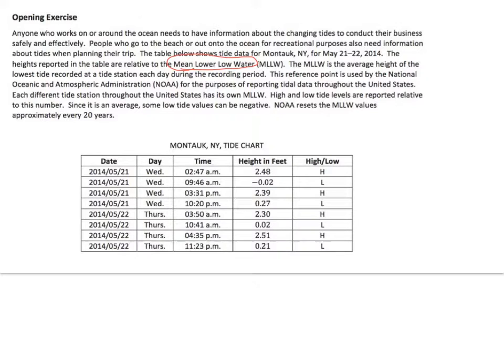I need to point out that the x-axis is supposed to be the time since midnight on 5/21. So if we see here 2:47 a.m., 9:46 a.m., 3:31 p.m., that needs to be changed to 24-hour time. 10:20 p.m. needs to be changed also.